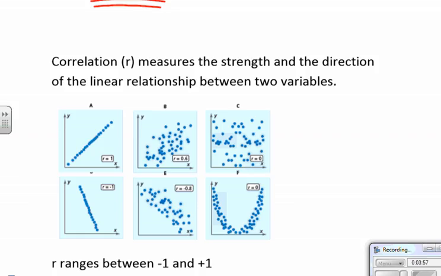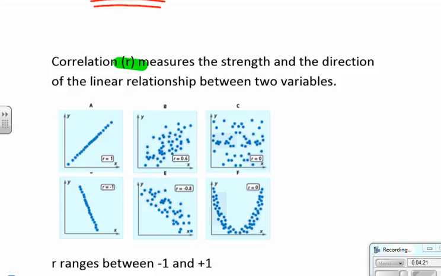Next thing we're going to talk about is correlation. The symbol for correlation is the letter R. You need to know that. If I ask you for correlation, it's R, and the reason you need to know that is because that's how your calculator is going to label it.